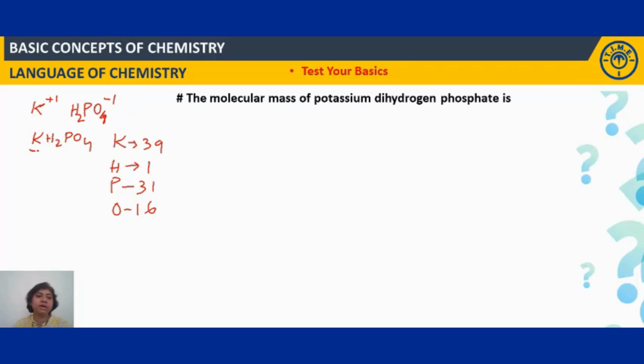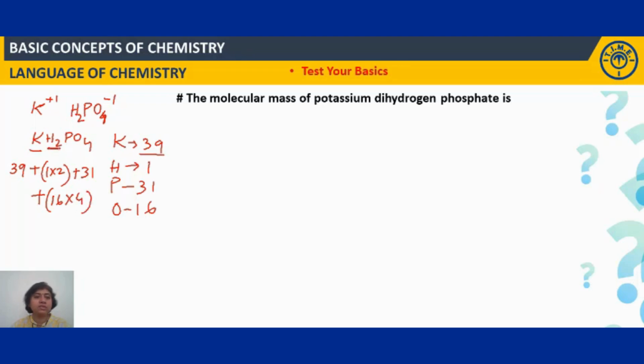In the formula, potassium is only one atom, so we will add 39 as it is. Hydrogen is 2, that means 1 into 2, plus phosphorus is 31, plus oxygen is 4, that means 16 into 4.